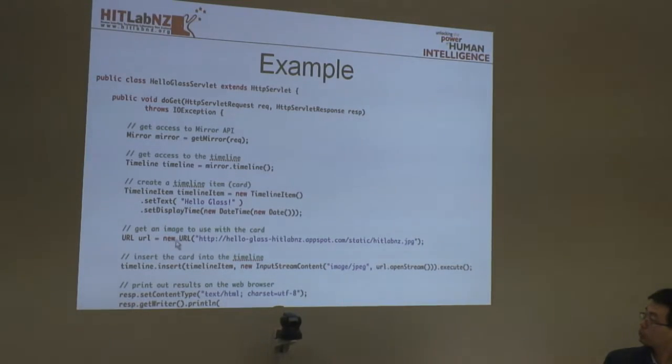You can also set the URL of an image and so forth. Then you ask the timeline to insert that card, the timeline item you've just set up, and call this method to execute. At the point you execute it, it will talk to the Google server and put this timeline item to your user.